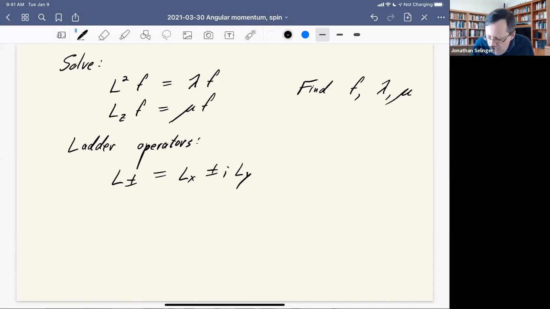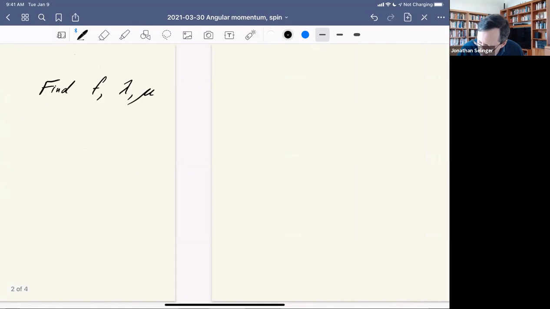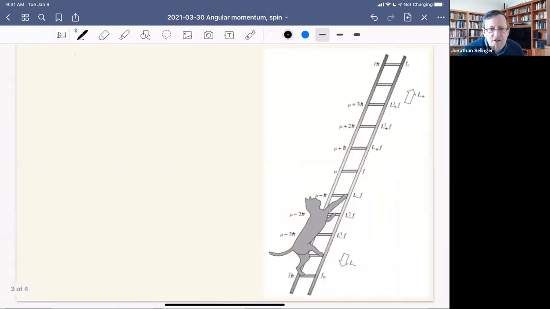We can see that the ladder operators move us up or down on some ladder. Here's the nice figure from the textbook, the ladder of states.